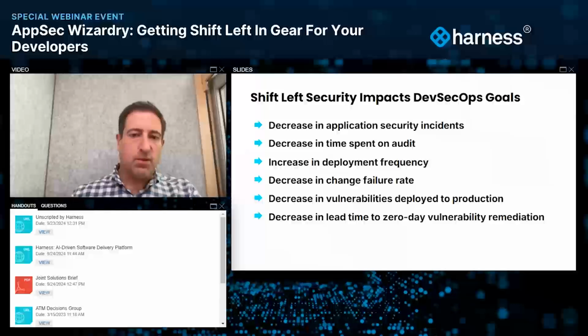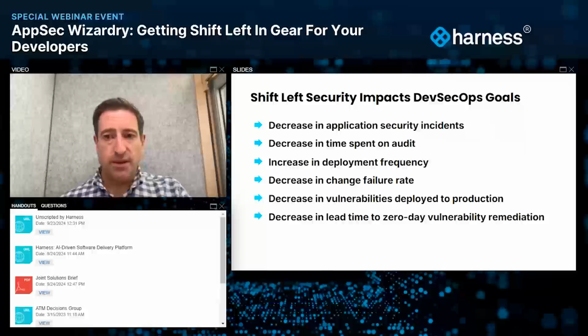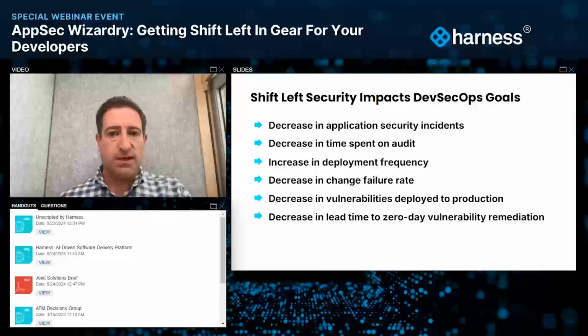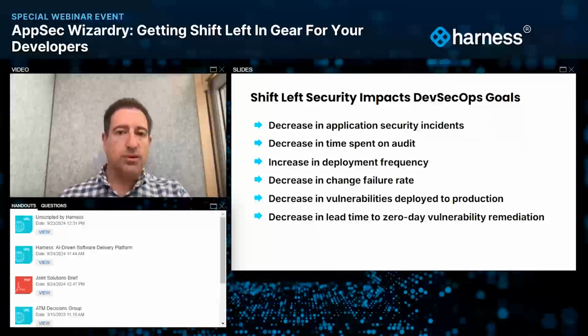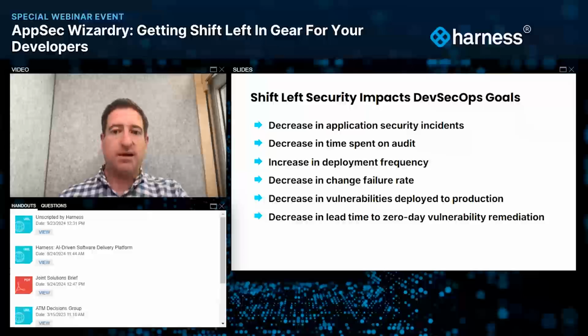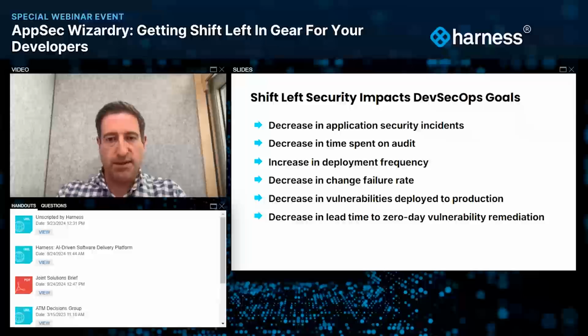If you want to look at quantifiable goals, I think it's worthwhile to get your stakeholders together and address where you want to set your goals in terms of how you're rolling out these new security practices. I use the term DevSecOps goals, meaning this is a shared goal between your developers, your DevOps teams, and application security engineers.